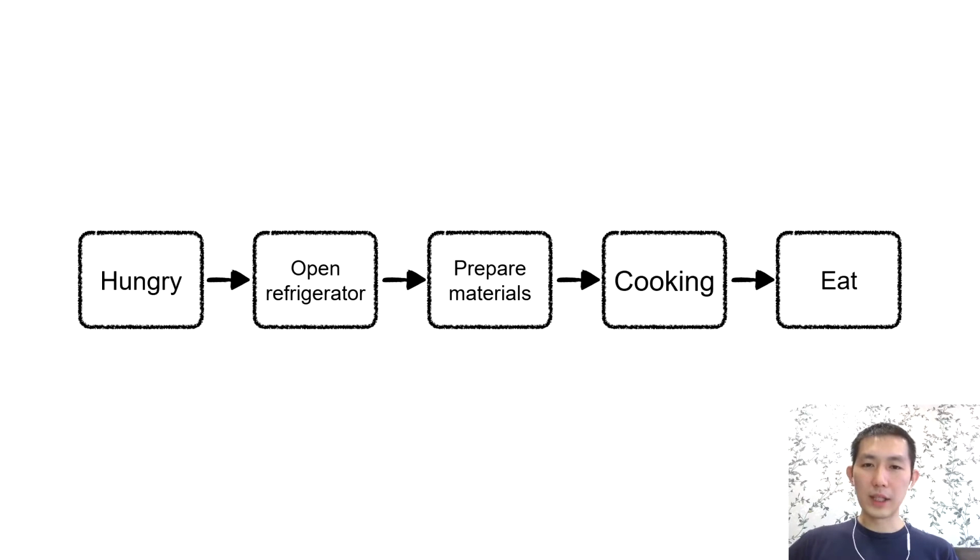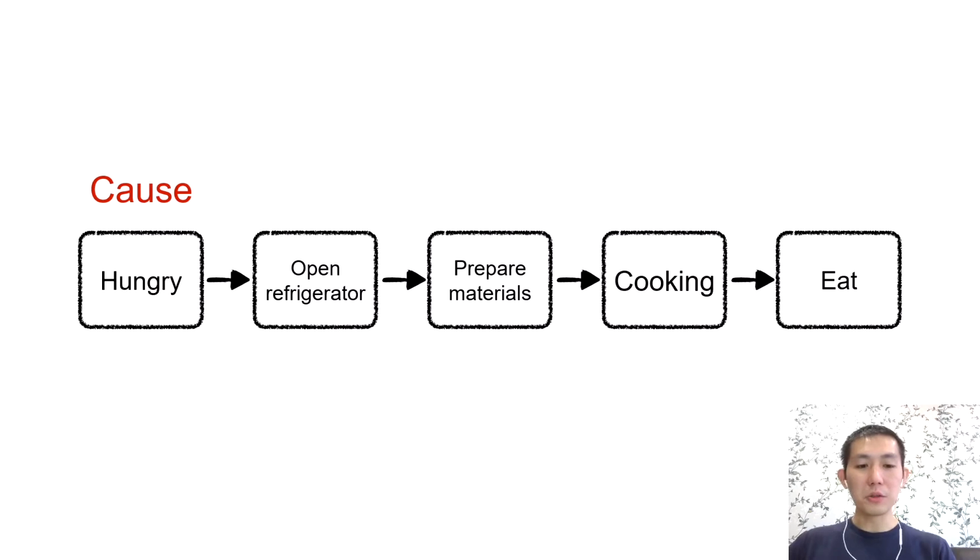Now let's go back to our earlier example of our daily life activities, the whole process of what we do when we feel hungry. Here we can see that hunger is the cause, or the reason, that drives our behavior.